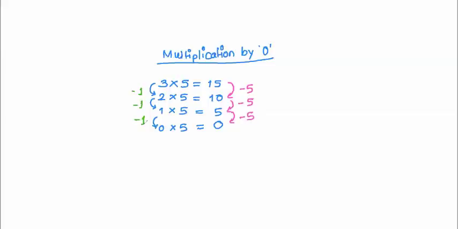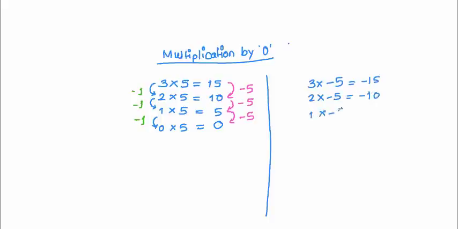That's true for the positive integer. Let's look at the situation for the negative integer. Let's take a negative integer. So 3 multiplied by -5 is equal to -15. 2 multiplied by -5 is equal to -10. 1 multiplied by -5 is equal to -5.